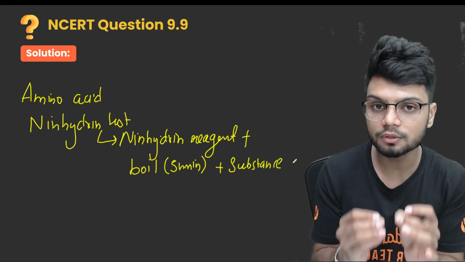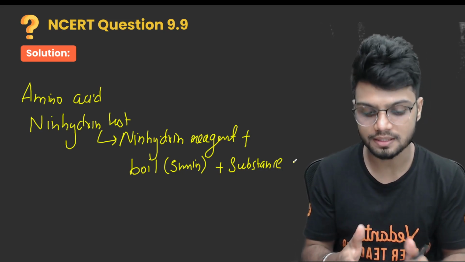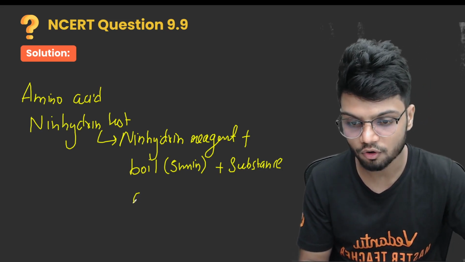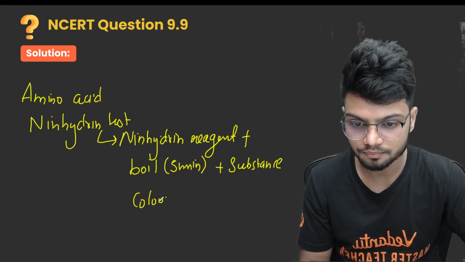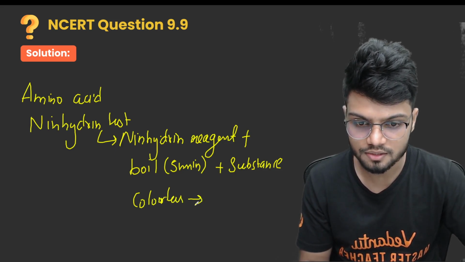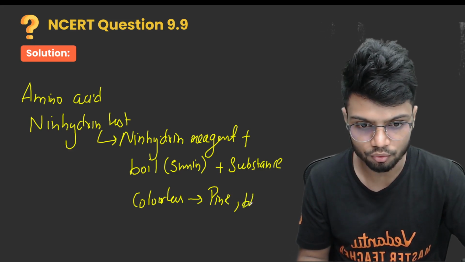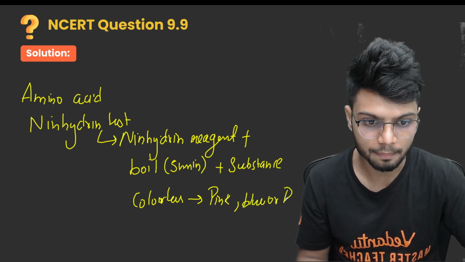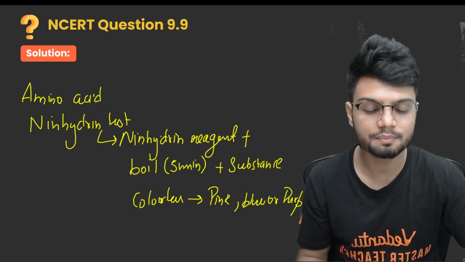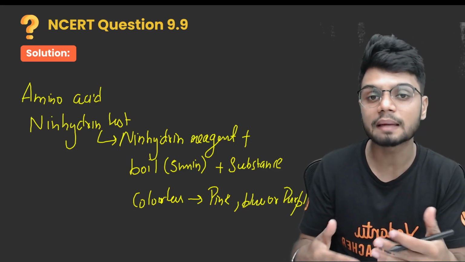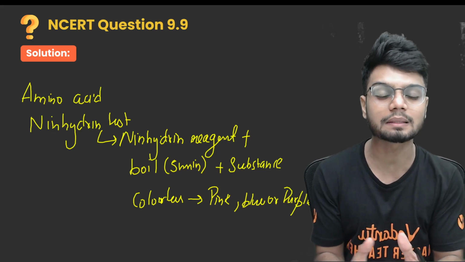If the particular substance has amino acids, there will be a color change from colorless to either pink, blue or purple. Any of these colors, because that mainly depends on the type of amino acid. So there is a variable spectrum of color here.